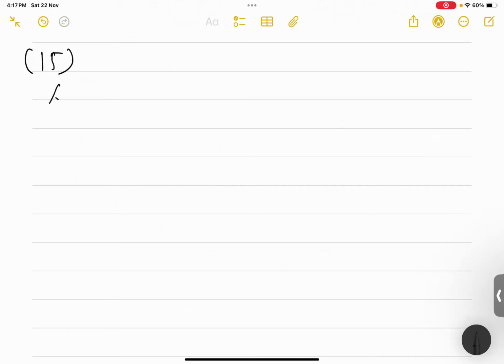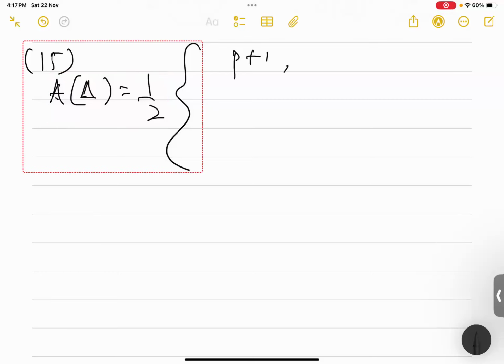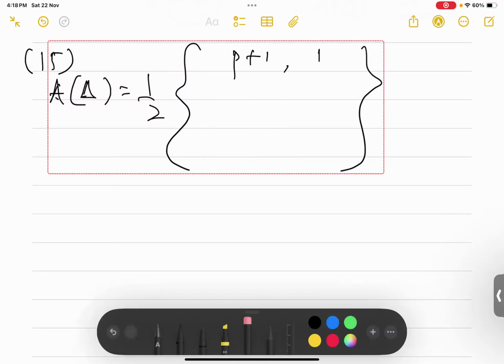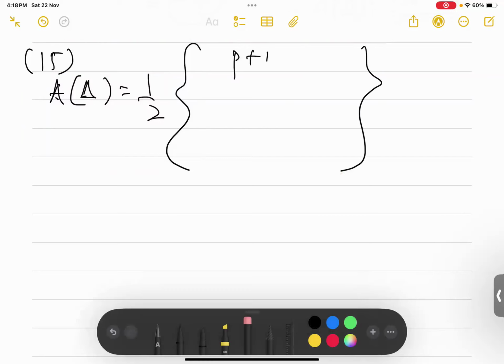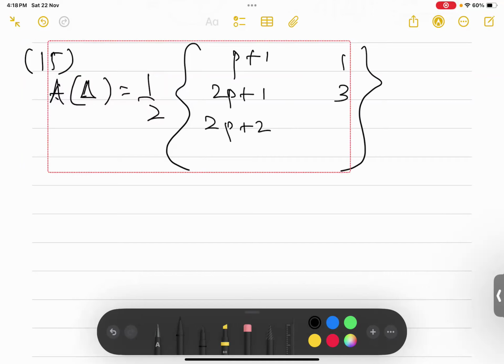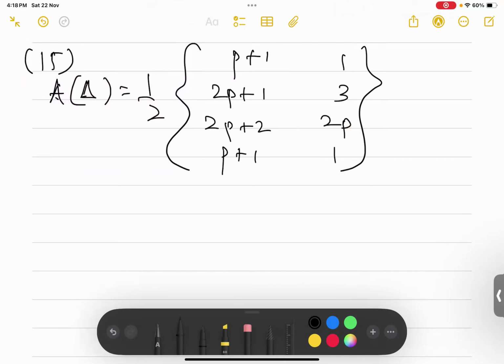So the area of the triangle will be half into the first vertex p comma 1 comma 1. I'll just not put a comma over there. Just put enough space in between the two. Then the second vertex, then the third one, then again the first one.